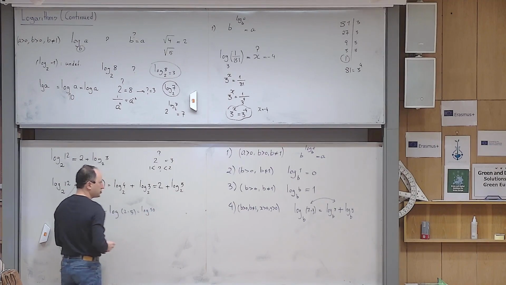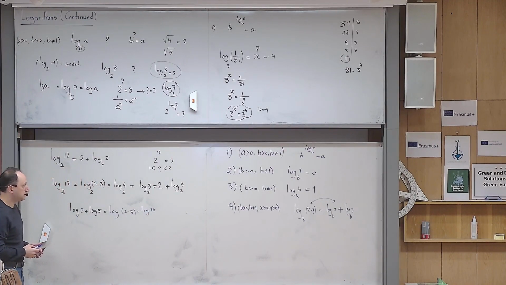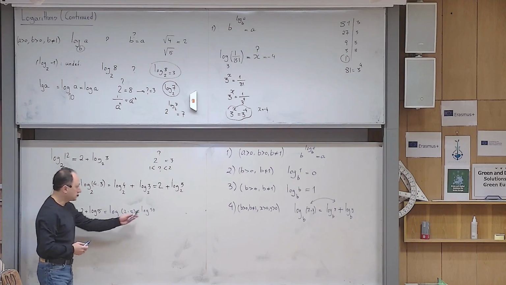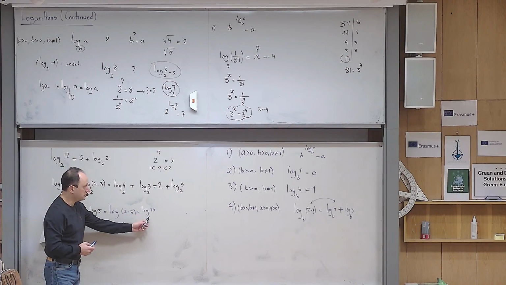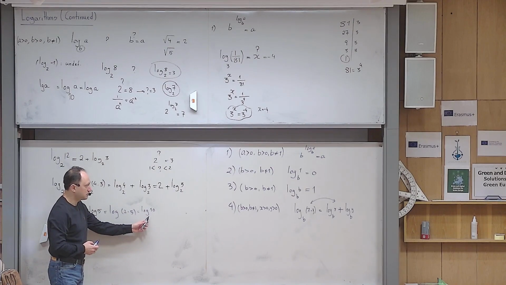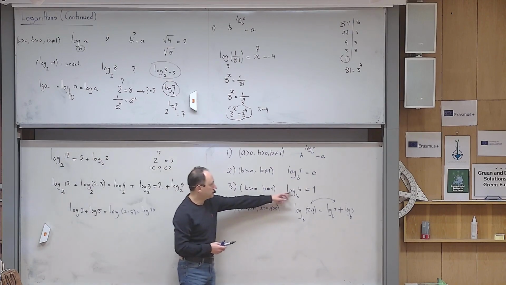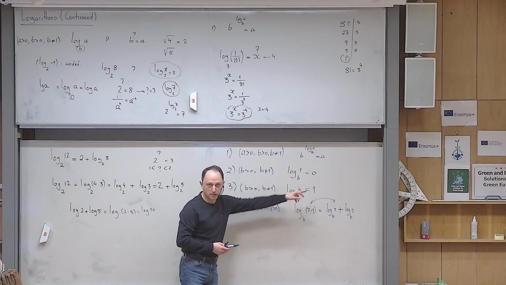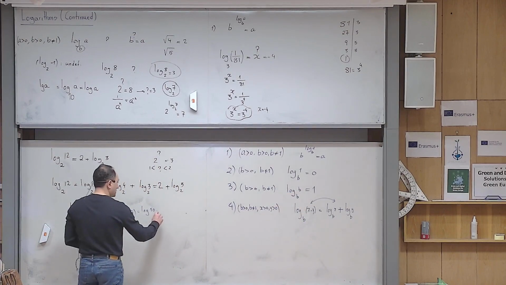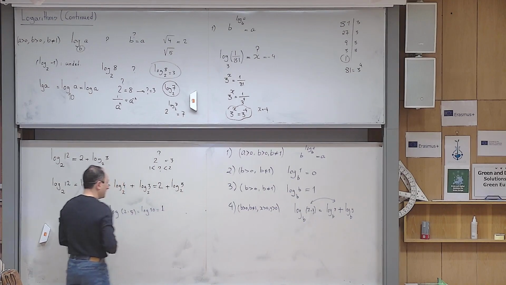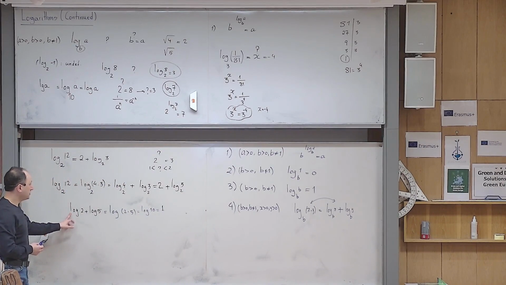The base is not written, so we know that the base is 10. So this is logarithm of 10 to base 10 itself. And if I have a logarithm of a number in its own base, the answer is always 1. So this answer is actually 1. So the sum of logarithm of 2 and logarithm of 5 is equal to 1.